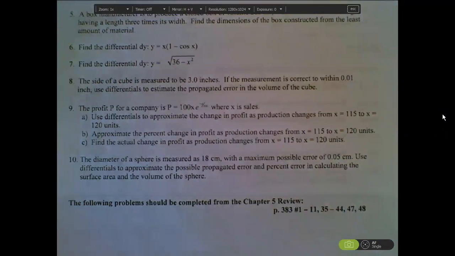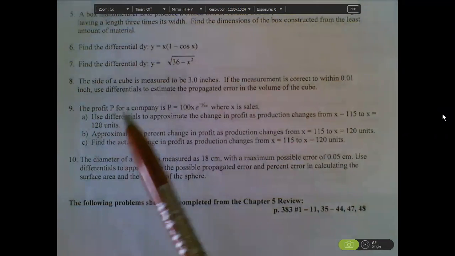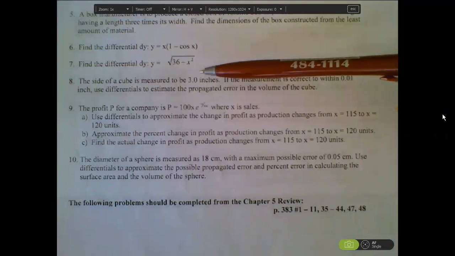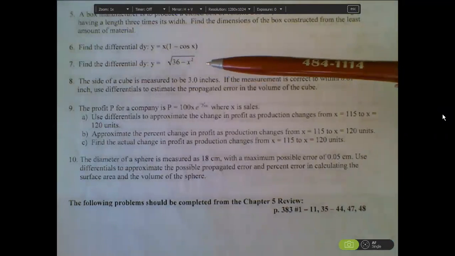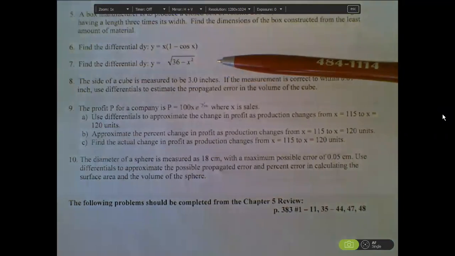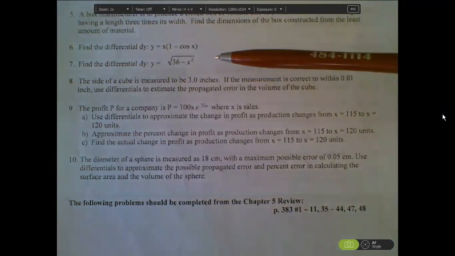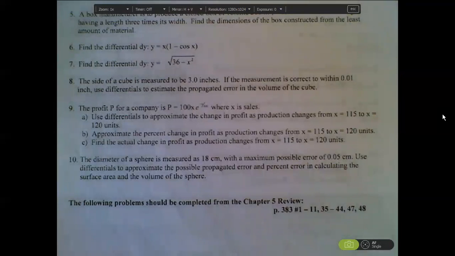So make sure you do those 3 as well as however many of those I put in MyMathLab. And then there's one like 6 or 7 in MyMathLab, where all you have to do is find the derivative and then multiply both sides by dx, and you have the differential. So that will be an easy one.